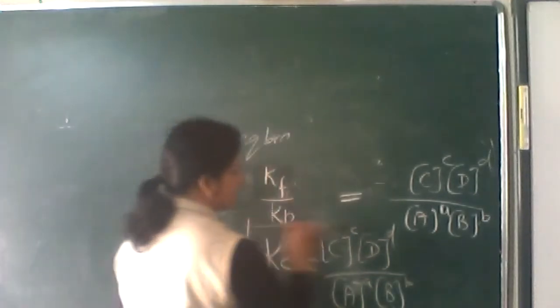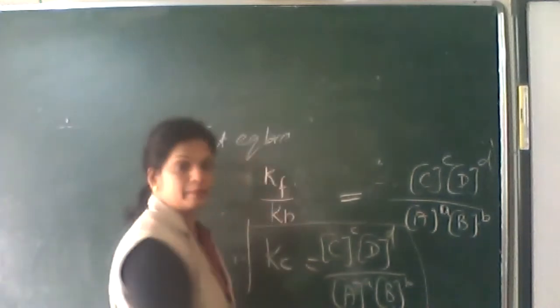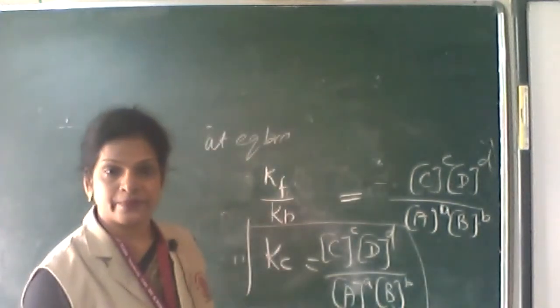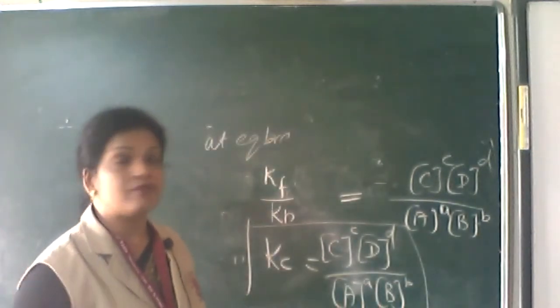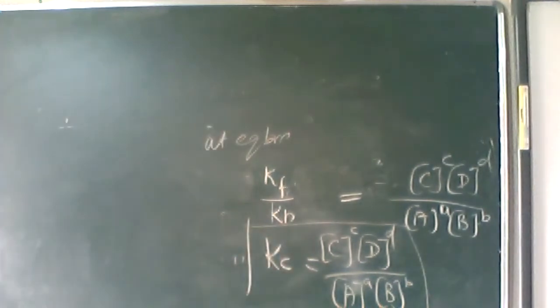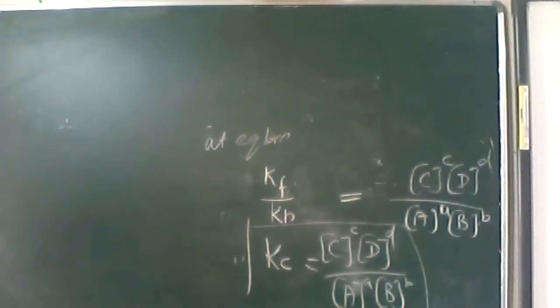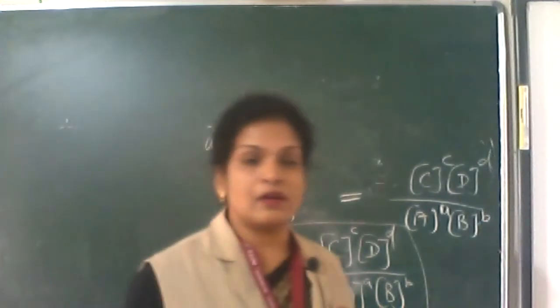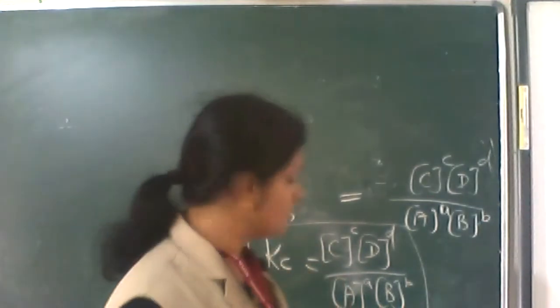This is known as the law of chemical equilibrium. Kc is a constant. Write down.